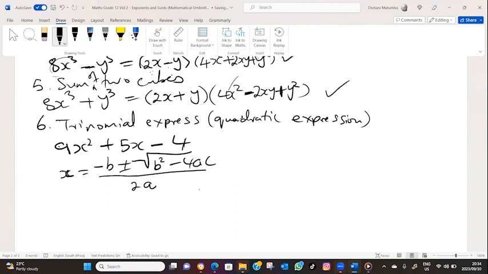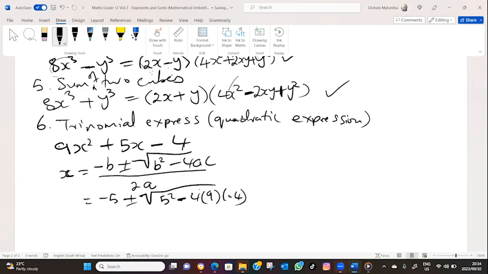All right, let's see what we're gonna get. So on this one, we're gonna get minus 5 plus minus the square root of 5 squared minus 4 into 9 minus 4.